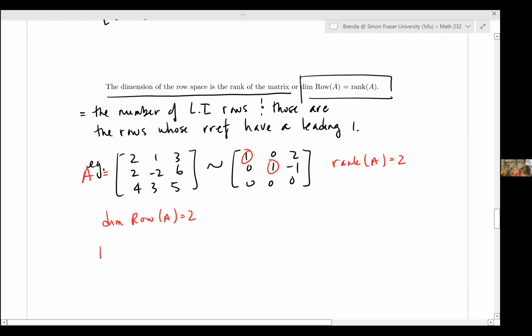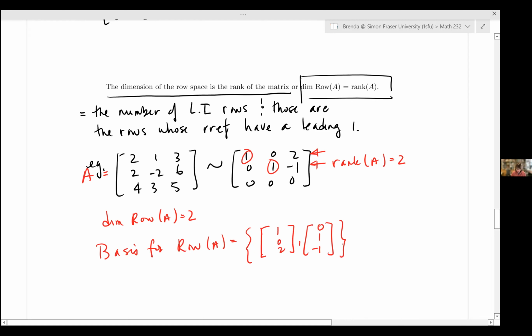The basis for the row space of A is these two rows here, 1, 0, 2 and 0, 1, minus 1. All linear combinations of those two vectors form the row space, and they are its basis.